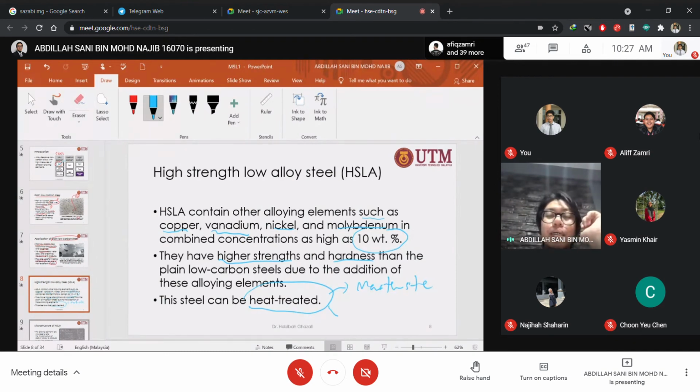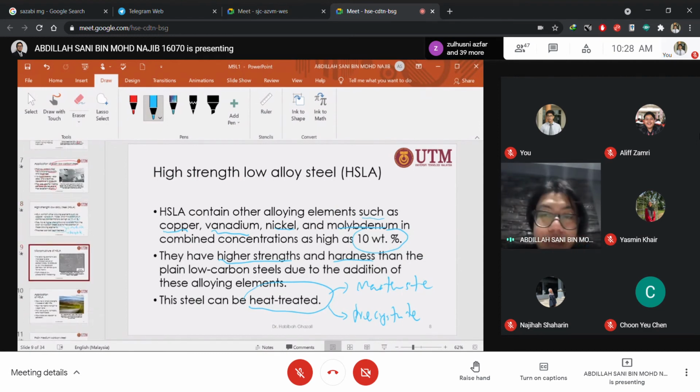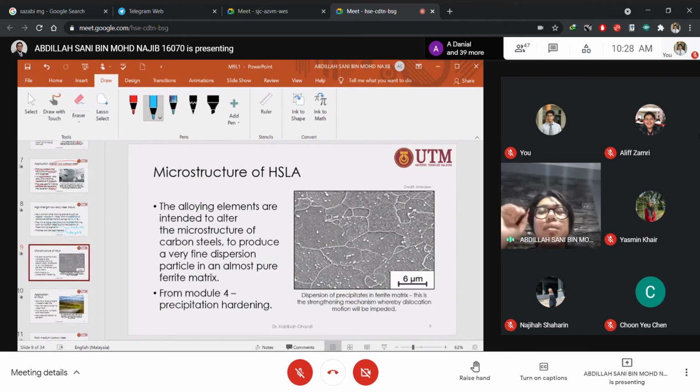And number two is the precipitate. I hope you still remember the precipitation hardening. For example, this is very basic, an example of precipitation hardening.